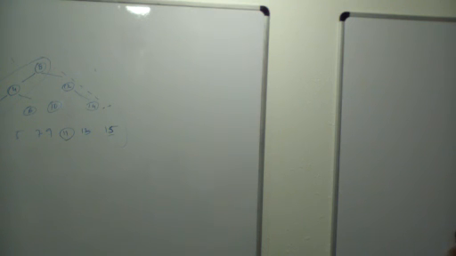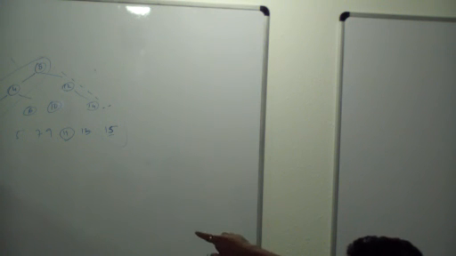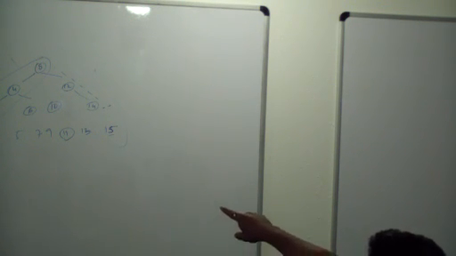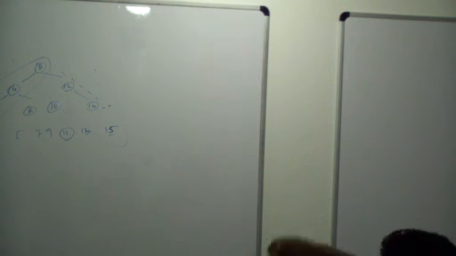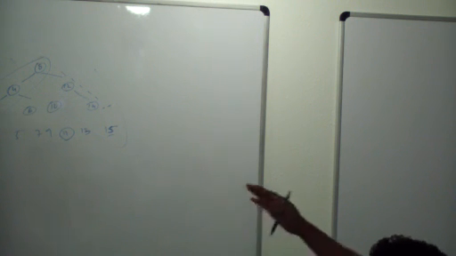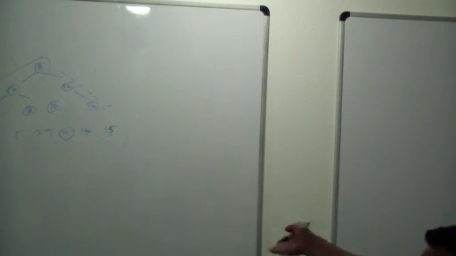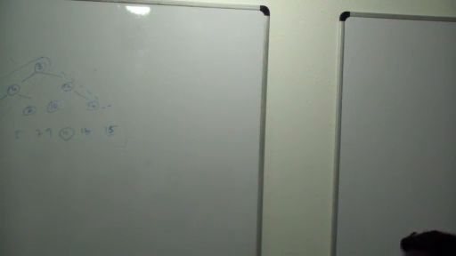So just print this pre-order, but only print the nodes which are rightmost or leftmost or leaves. What is the condition for the leaf? You don't have left, you don't have right. So if there is no left and no right, you are at a leaf. This gives the perimeter of the tree.